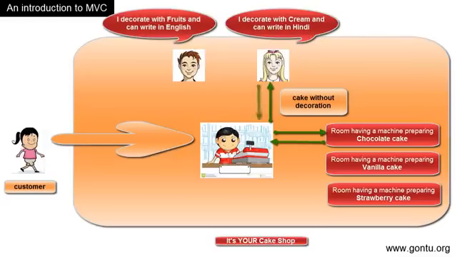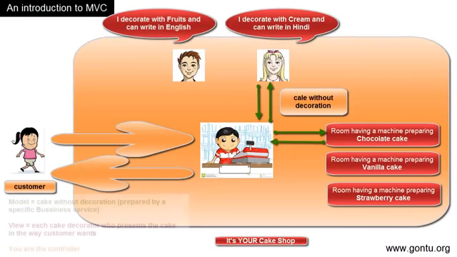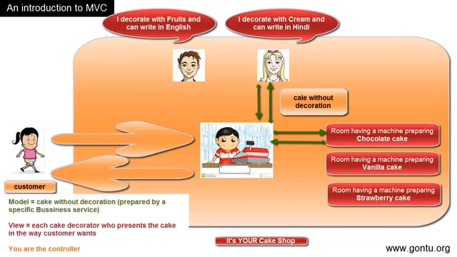Once the cake is ready, along with the desired decoration which the customer asked for, you deliver it to the customer. Customer is happy. This is a good example of how you see the MVC concept in a real life situation. Here the model can be the cake, you are the controller, and the cake decorator can be the view.